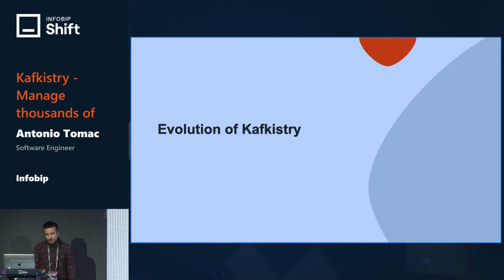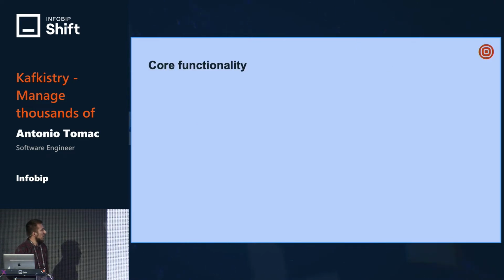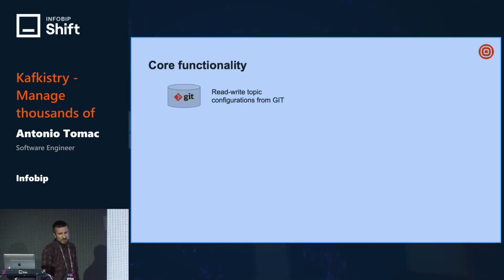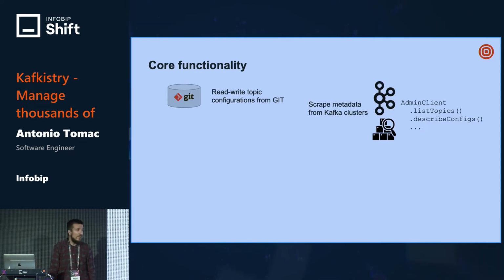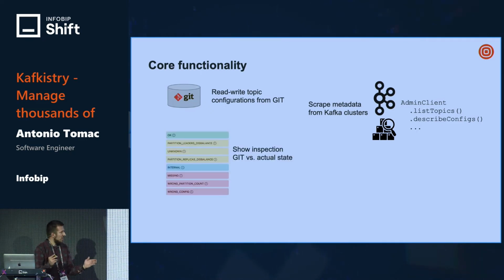And now I'm going to talk about what the core functionality of Kafkistry is and how it evolved over time. Well, the core functionality is that on one hand, we have a Git repository, which serves as a source of truth for all configurations. And on the other hand, we have periodic scraping of everything on the clusters. Having those two pieces of information, Kafkistry can show the status for each topic.